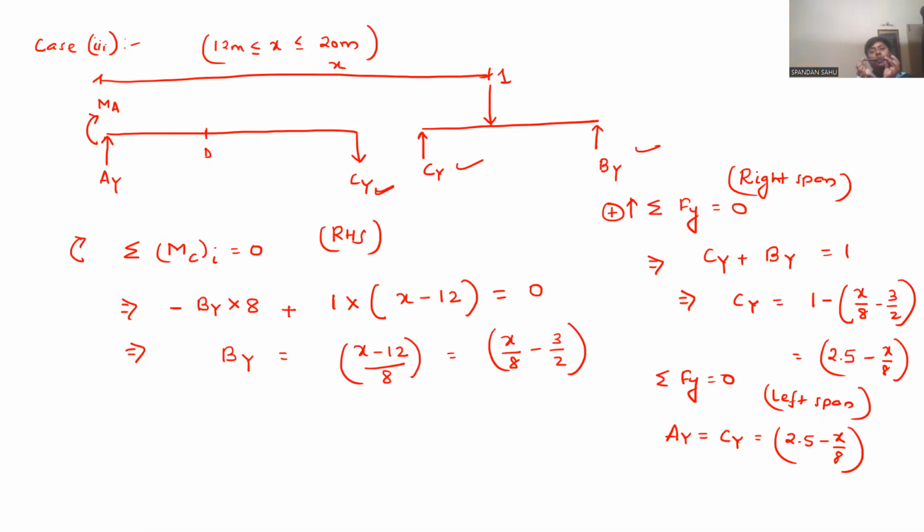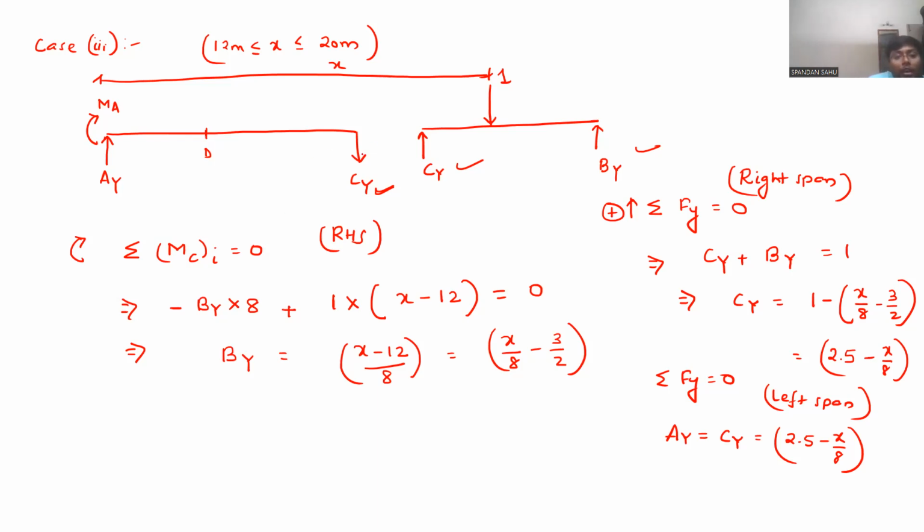Now check the left span. Ay is acting upward, Cy is acting downward, having the same magnitude. So they will try to rotate the structure clockwise, if our assumption of the direction is correct. So Ay and Cy will try to rotate the left part only, clockwise.